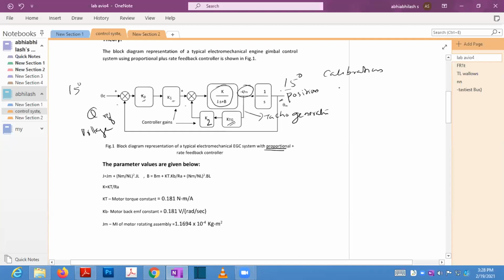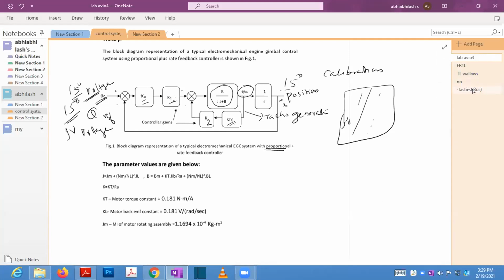That calibration means it will calibrate to 360 degrees, and whatever the voltage is coming, we will measure. For the 15 degrees you want to move, you will give a 15 degree corresponding voltage here. That is theta C reference. So suppose it is 15 degree, corresponding some voltage will be there, say 1 volt. So this position sensor will follow that, and these two are the gain blocks.